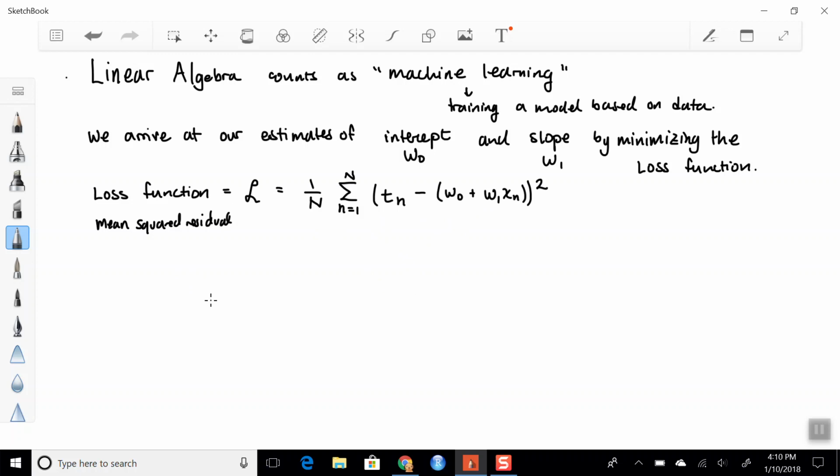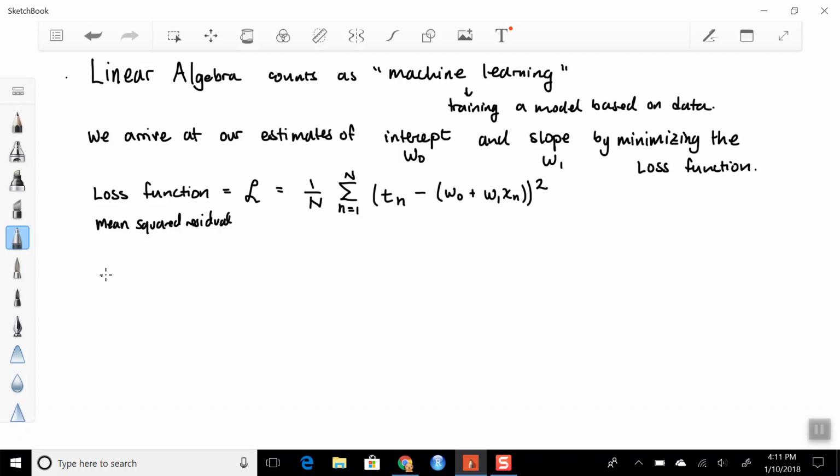So today we're going to do the same thing, but we're going to start working with vector and matrix notation, because this notation that we're using, w0 and w1, multiplying them out by xn, is perfectly fine for linear regression. But let's say we had multiple linear regression. Then all of this can get very complicated.